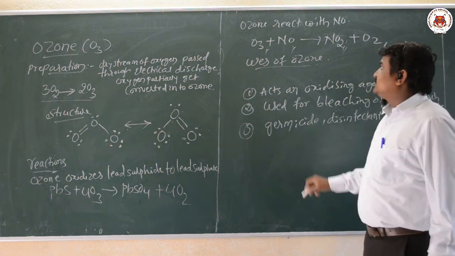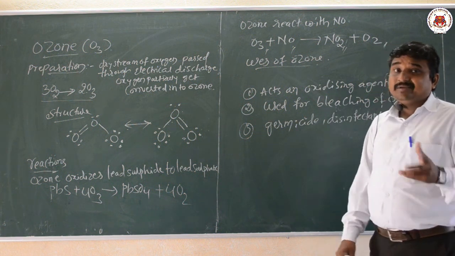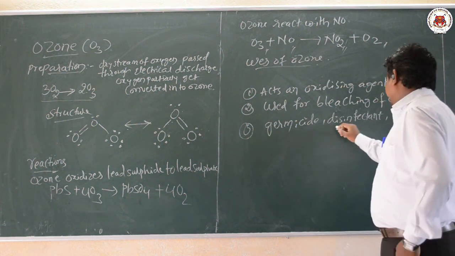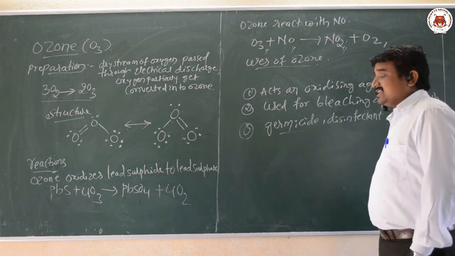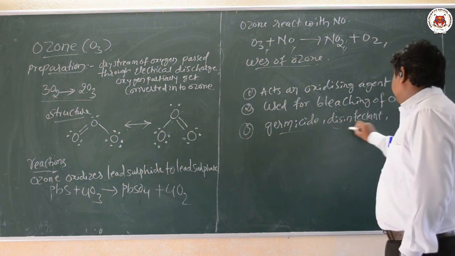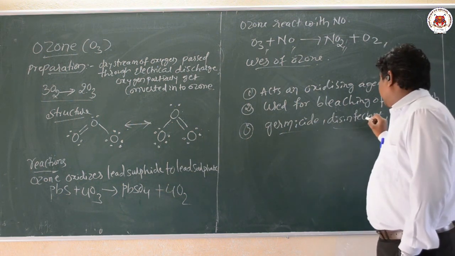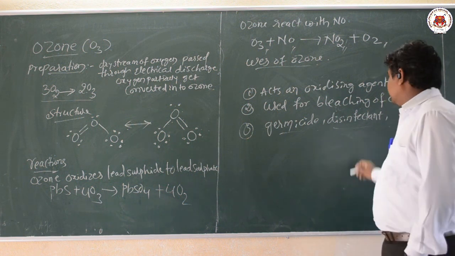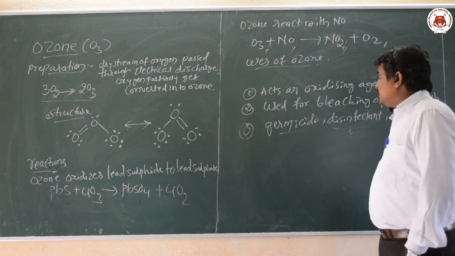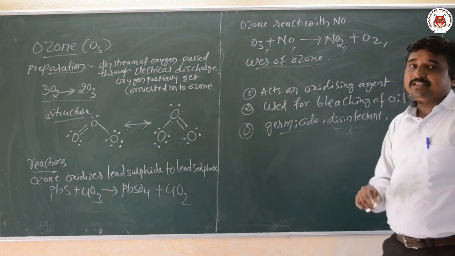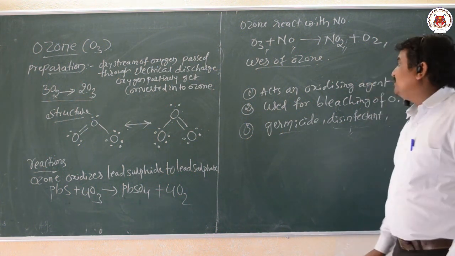Next, the uses of ozone. It is used in the manufacture of germicides and pesticides, and as a disinfectant to fight against microorganisms. It is also used for the bleaching of oils and starch, acting as a bleaching agent.